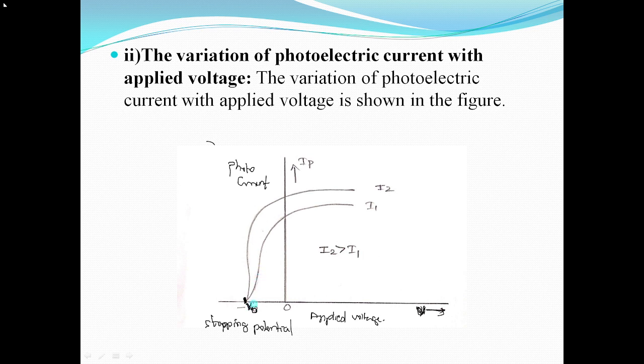After this, moving towards the positive x-axis, as voltage increases, current also increases and it attains a saturated value. It is shown for different intensities, I1 and I2, where I2 is greater than I1.